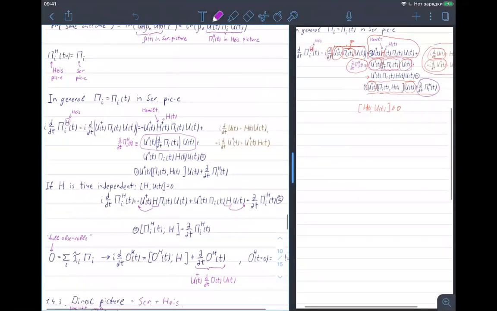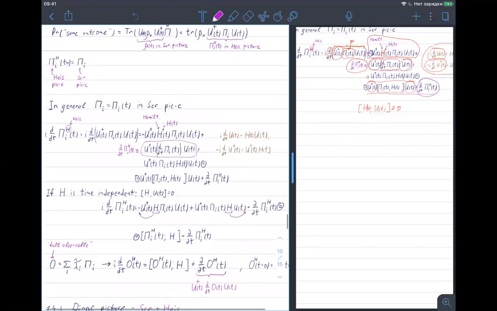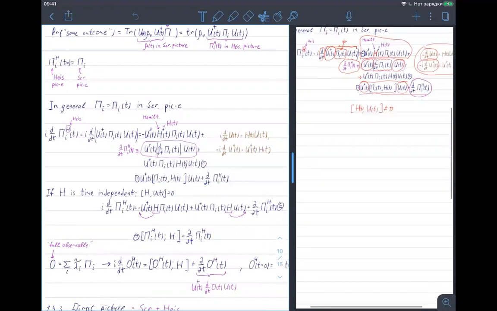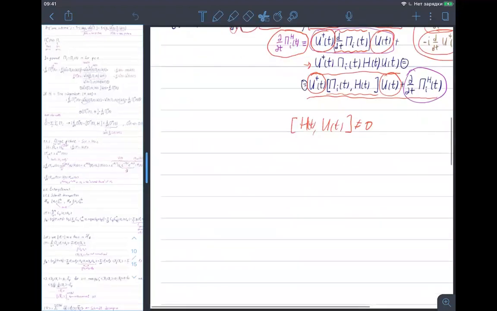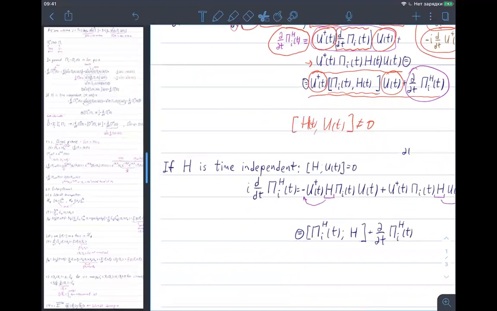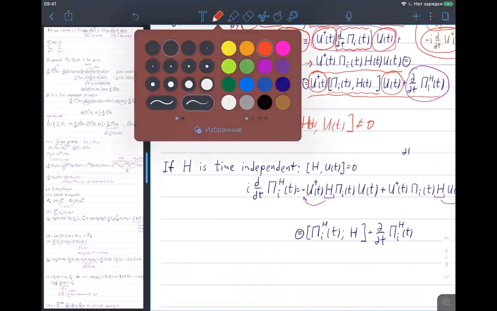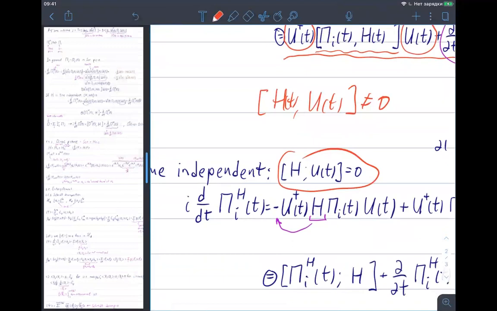The good picture appears if our Hamiltonian is time independent, which is, as usual, the more convenient case. Then the commutator of our Hamiltonian and the evolution operator is equal to 0.